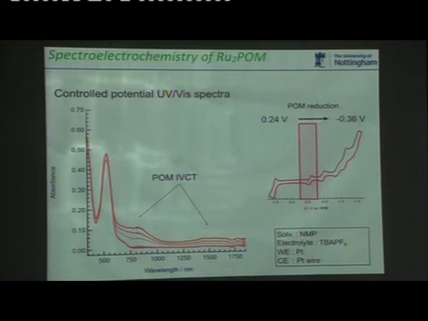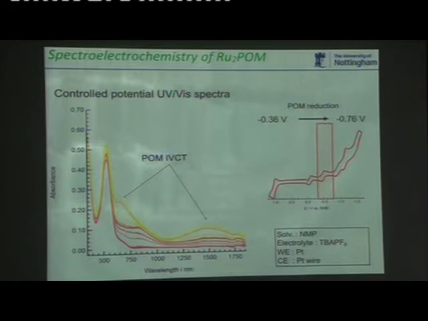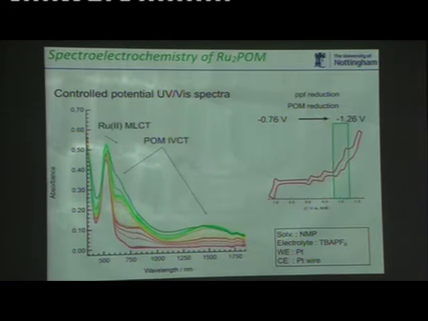So as we reduce the first process, we see the POM single reduction peaks growing in. Again, they follow. We have the second peaks. This I should mention as well, this is the ruthenium metal to ligand charge transfer band. We then continue, and we also have the first of our ligand reductions, so we see a shift around the ruthenium band.